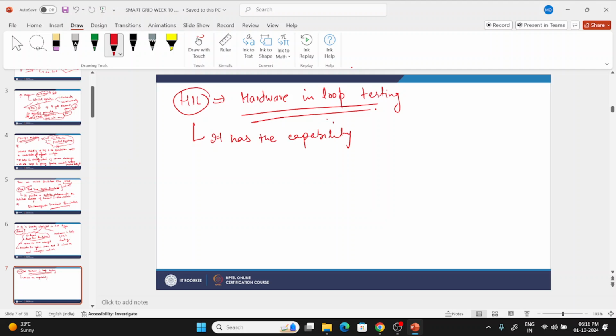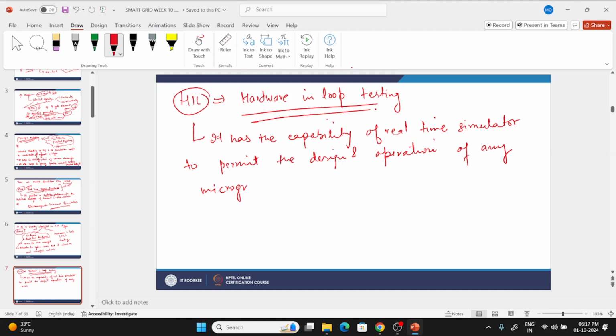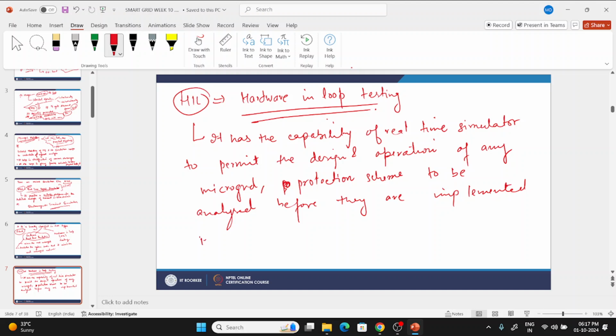It has the capability of real time simulators to permit the design and operation of any microgrid control, or actually any protection scheme, to be analyzed before they are implemented in the system.